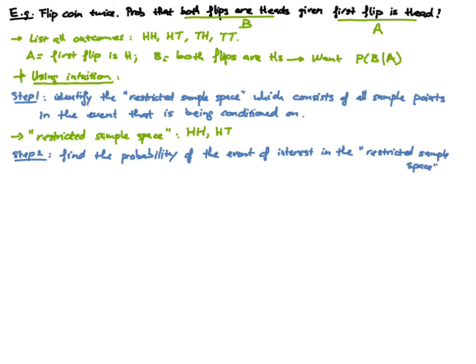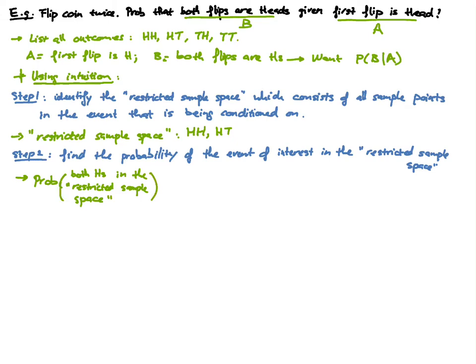So in the context of this particular problem, we want to find the probability of getting both heads in the restricted sample space.